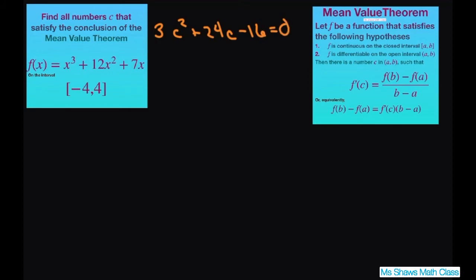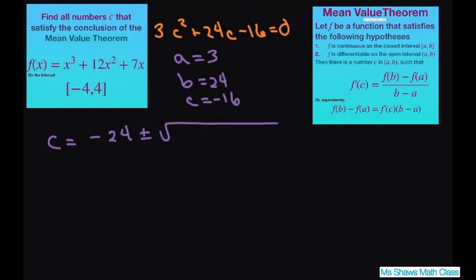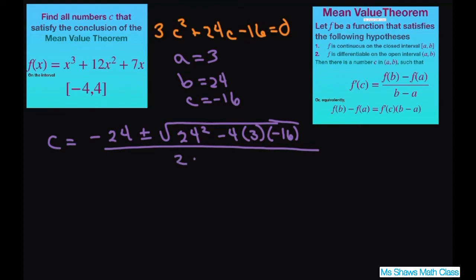So for the quadratic formula, you have c equals, and let's write our a's, b's, and c's. a is 3, b is 24, and c is -16. So c equals -b, so -24 plus or minus square root of 24 squared minus 4ac, all divided by 2 times 3. Now, let's simplify this.